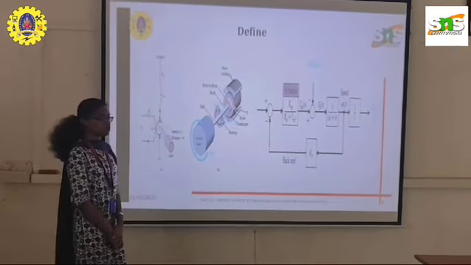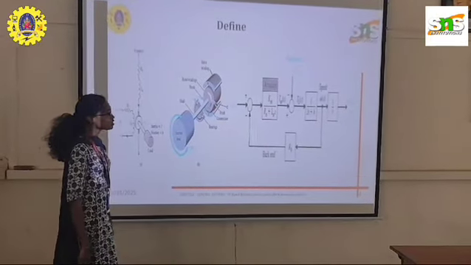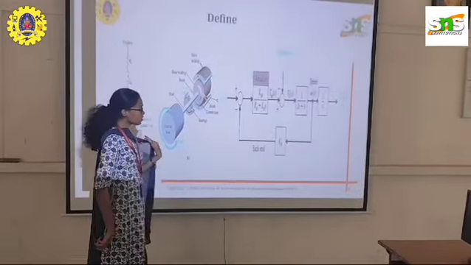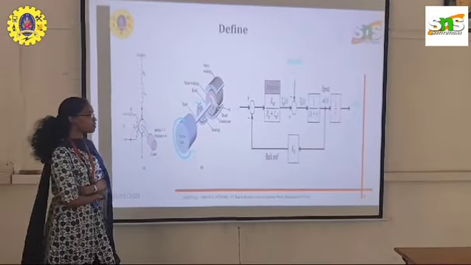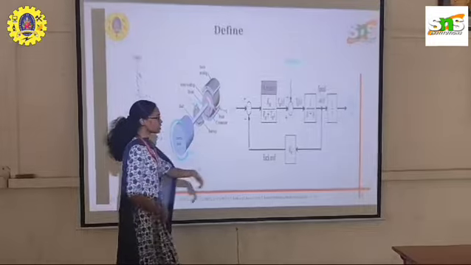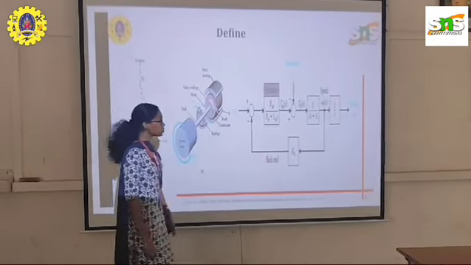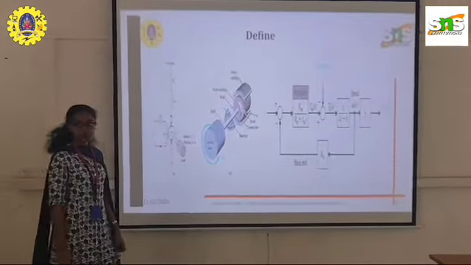It also consists of a commutator to control it. We have a feedback loop, so if we find any error, we can rectify the error by using this feedback loop. So this is about define.